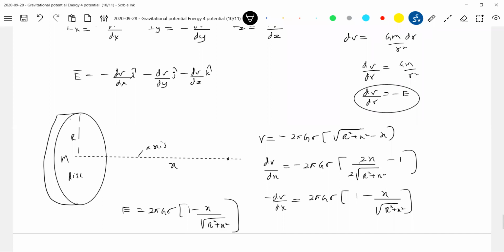Look, is that the field due to the disk on the axis? Gravitational field on the axis of the disk. If you know the potential, you get the field. Or if you know the field, you'll get the potential. You should know how to integrate with the limits here.